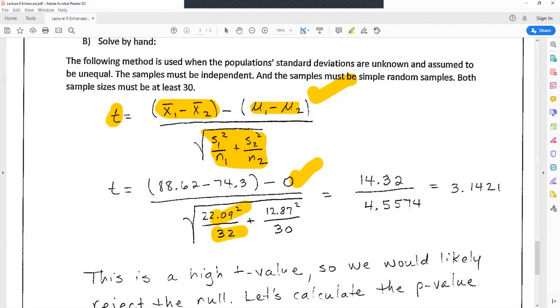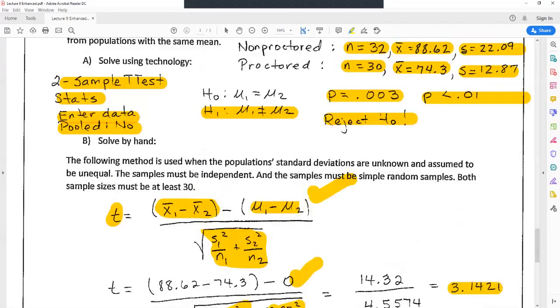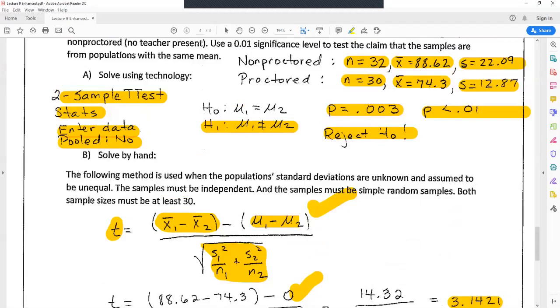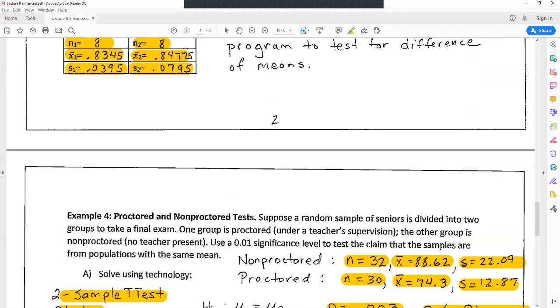So 22.09 squared over 32 plus 12.87 squared over 30. And as you can see, we still get the same test statistic that we got earlier.